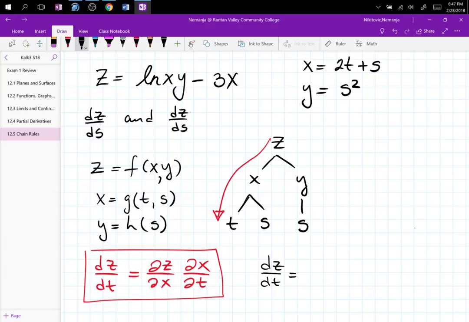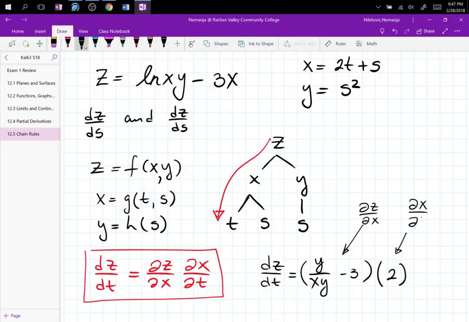You have xy on the bottom, and then chain rule kicks in and puts y on top, and then minus 3. So this is your dz/dx times dx/dt, which is just 2. So this parenthesis here is partial z, partial x, and this parenthesis here is partial x, partial t.